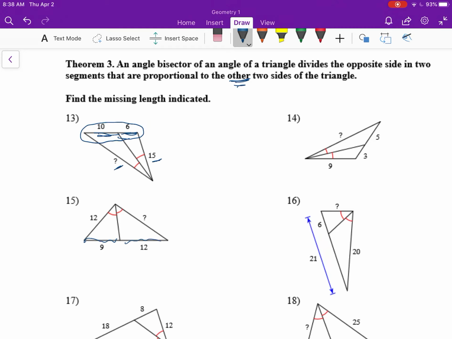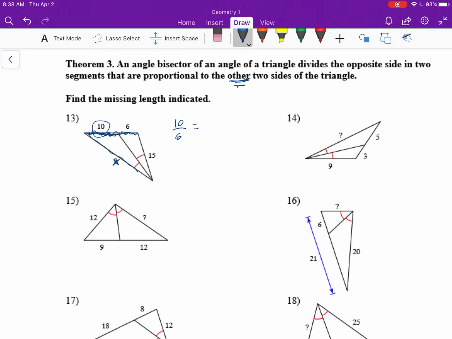And so I'll show you how this works in number 13. These are pretty straightforward once you have them down. Like the other theorems before, which we could have seen in different ways, this you really see the same way all the time. So it says 10 over 6. So these 2 segments, 10 to 6, that's proportional to the other side. The way that you know: 10 is adjacent to the one that's missing.